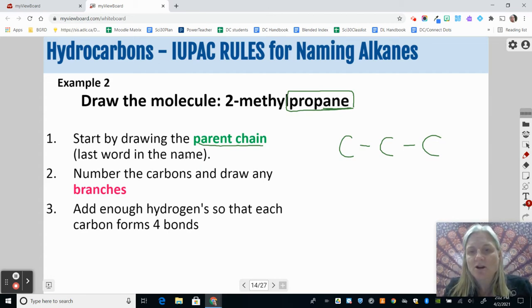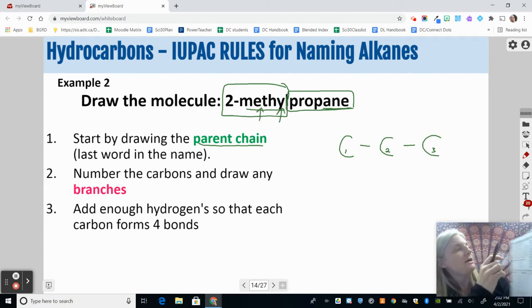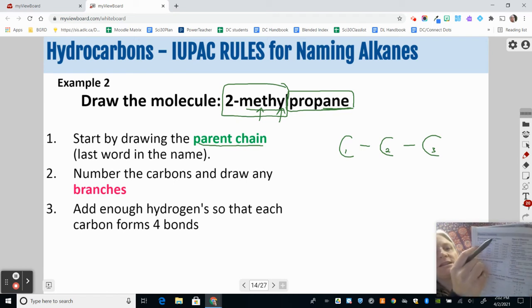So let's call this carbon 1, 2, and 3. Now, I see there is a branch. There's a methyl group. I know it's a group because of the YL. Meth. Methane, methyl, meth. Find meth here, and you'll see it's a 1-carbon chain.